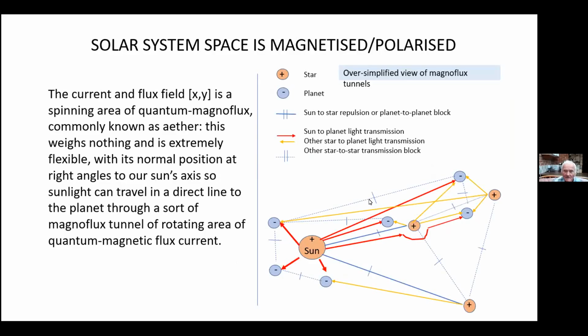So we were talking there about the solar system, and if you magnetize it, which we obviously now know is right, what happens if you also polarize it? In other words, why would the solar wind, which is made out of positive ions or protons, be attracted towards the Earth?